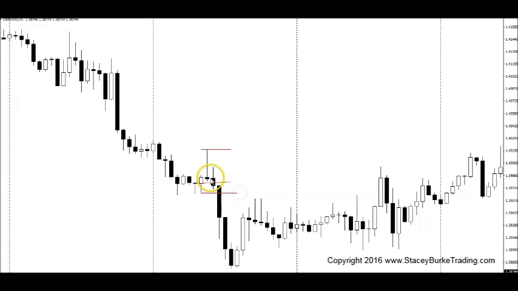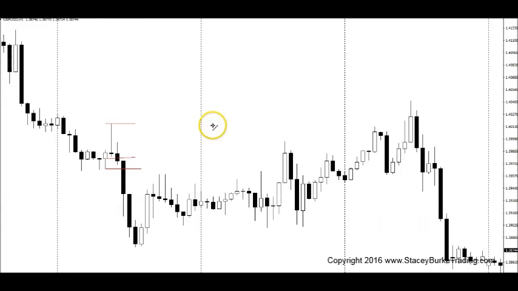So if you understand some of these basic concepts, you can start to piece together some of your price action. And again, incorporate that with your other analysis, however you're trading. This just may start to give you some bit of an edge in terms of looking for better entries for buying low and selling high.